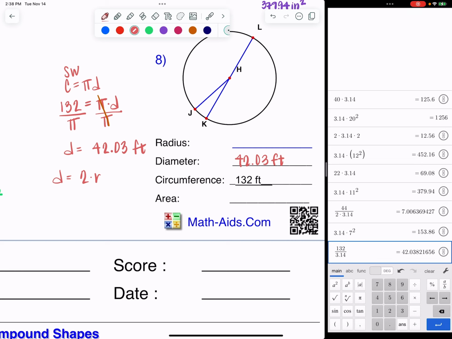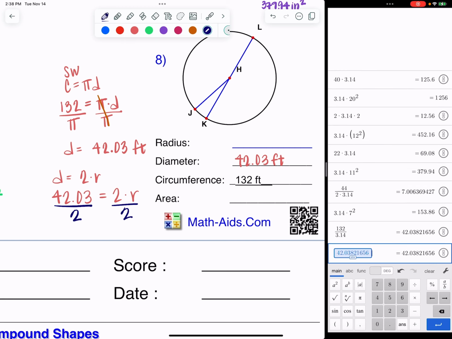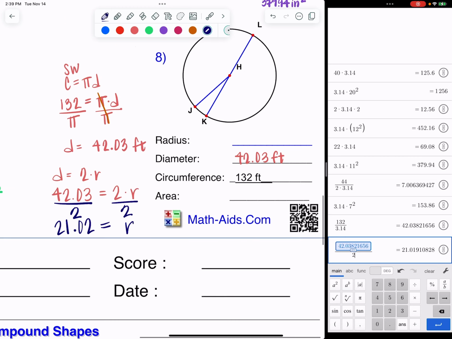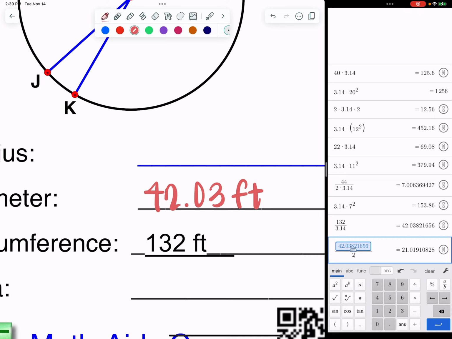So I'm going to plug in 42.03 for the diameter. And if I divide both sides by 2, I will end up with the radius. So I go over to Desmos again, and I'm going to divide by 2. So I end up with a radius of 21.02 feet. That's a big radius.